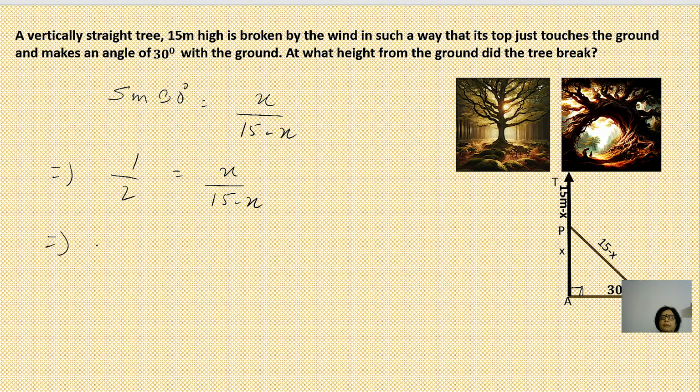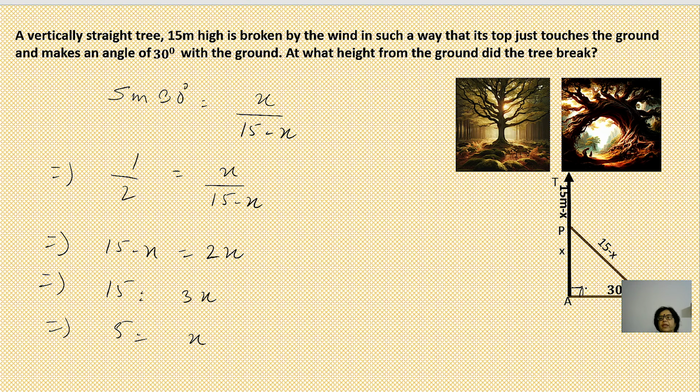So this becomes 15 minus x is equal to 2x. So this implies that 15 is equal to 3x. So this implies x is equal to 5 meters. So the value of x is 5 meters. That means the tree breaks at the point P, which is 5 meters from the base of the tree.